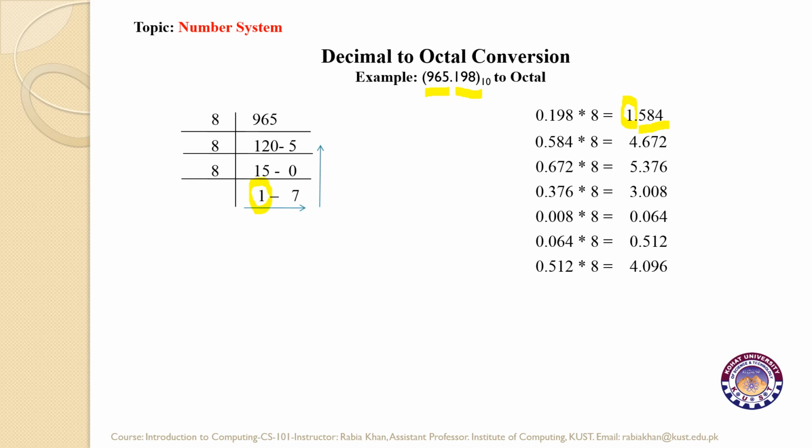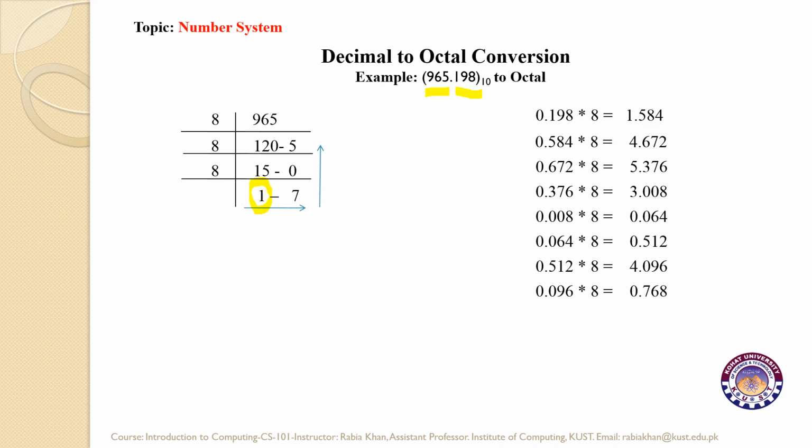So again here you can see it is a non-terminating result. The more we multiply, the more products we get. So after performing 5 to 6 calculations, you can stop here and write the answer with 3 dots.